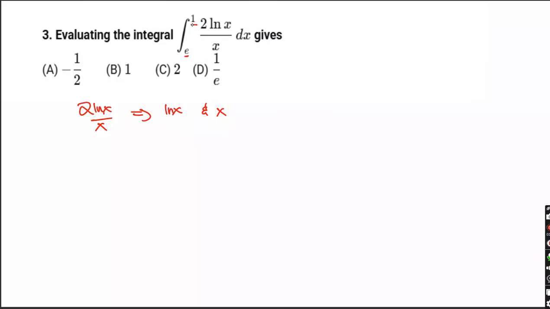LIATE. These are just initials, but you can remember it by calling it "light". L here stands for logarithm, then I stands for inverse trigonometry.